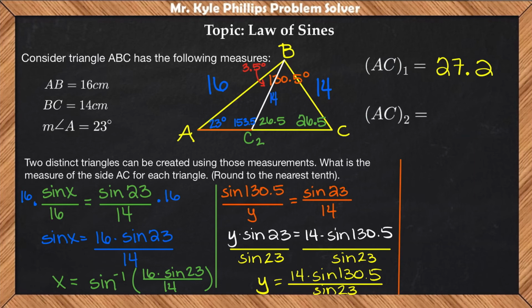So that can be my first ratio. I can say sine of 23 over 14 equals sine of 3.5 over AC2. We'll call that Z.